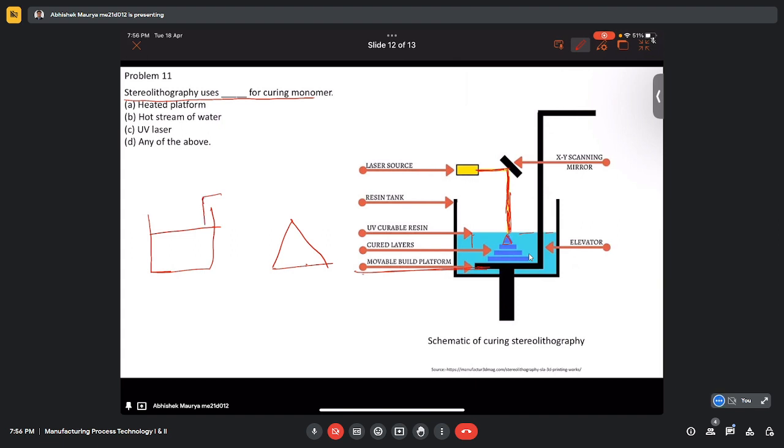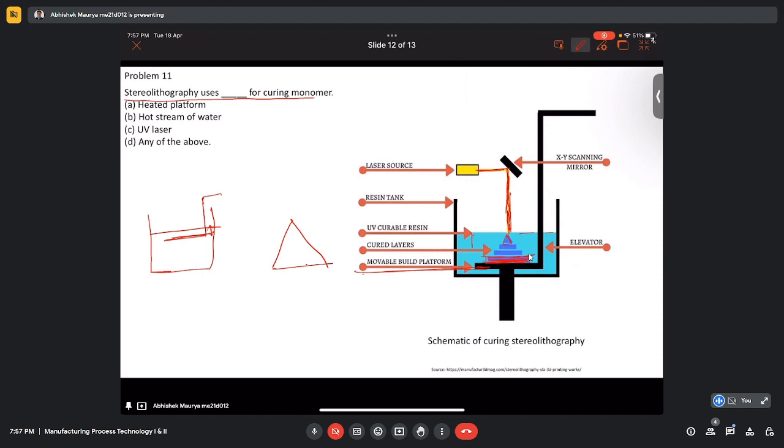We will bring the platform down to a depth similar to the height of the first layer.